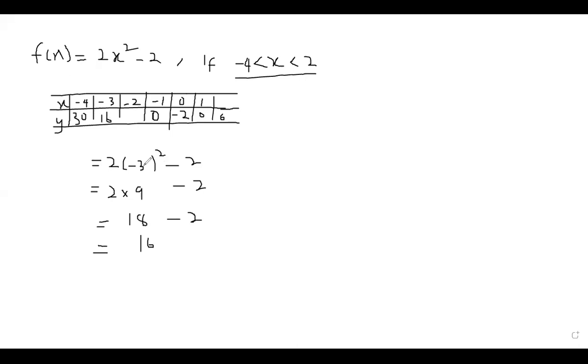Then when x is -2, we'll have 4 times 2. So 4 times 2 is 8. 8 minus 2 will be 6. So these are the values we're supposed to get. Good. Now let's go on to do the plot.